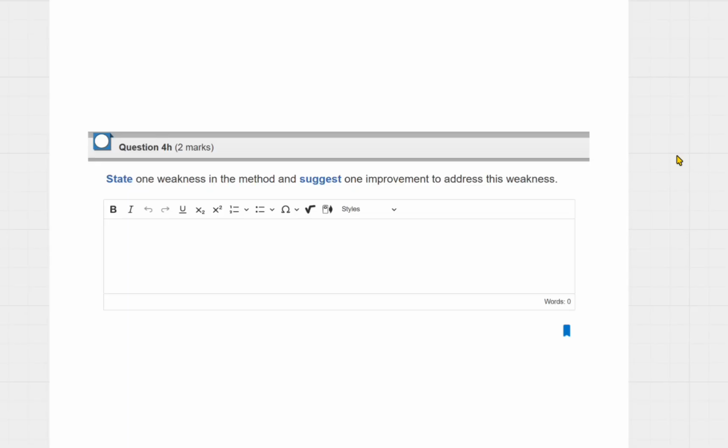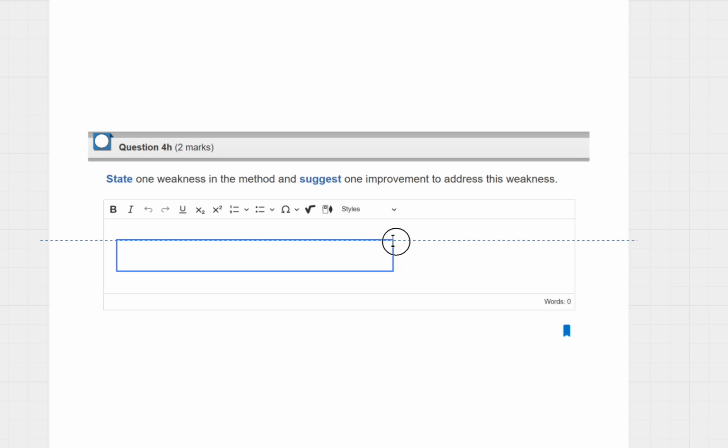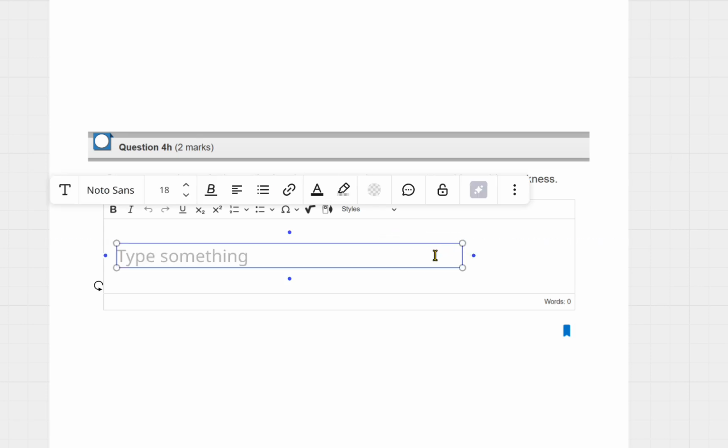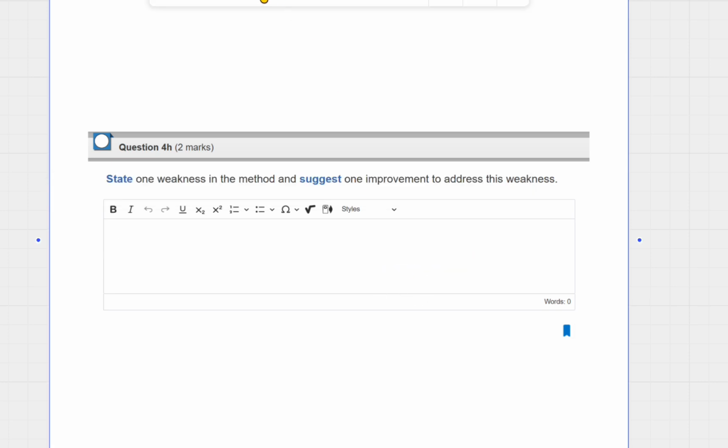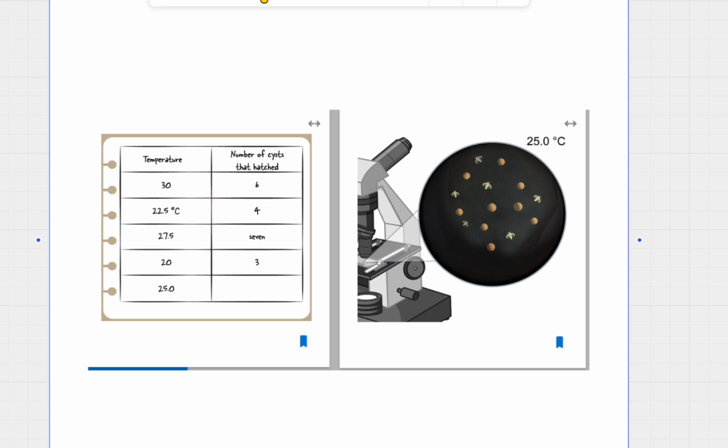Now let's do question 4H, which is again a 2 marker to state one weakness and then suggest one improvement. Let's think of some weaknesses that this particular experiment has. If we go back and look at the table they made, we see that they've only taken one trial. They do not have multiple trials.